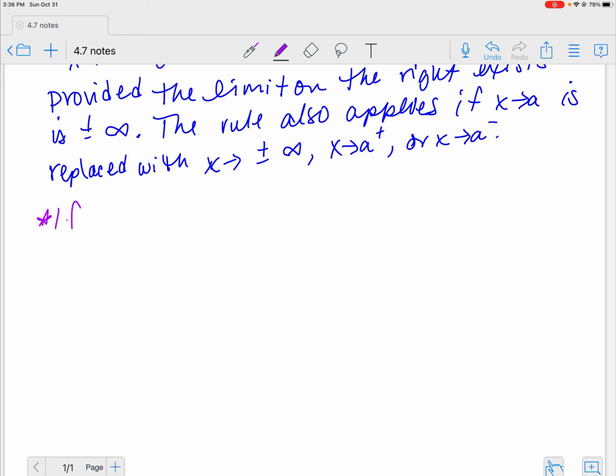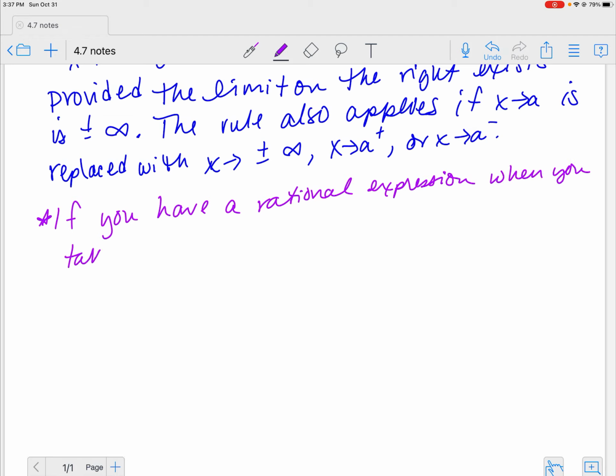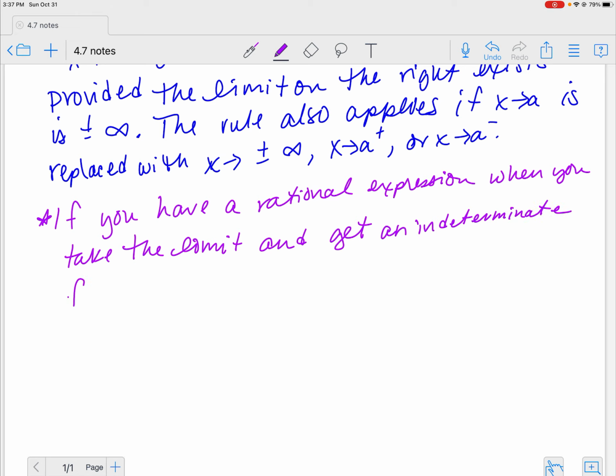If you have a rational expression, a fraction, it has to be a fraction, when you take the limit and get what's called an indeterminate form of either 0 over 0 or positive or negative infinity over positive or negative infinity, then use L'Hopital.